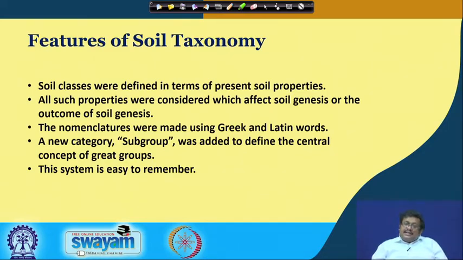So, this system is not neglecting soil genesis, it is also considering soil genesis, but in terms of some measurable soil properties. The nomenclature was made using Greek and Latin words, and a new category called subgroup was then added to define the central concept of the great groups. And remember that this system is much easier to remember than the earlier genetic and morphogenetic systems.